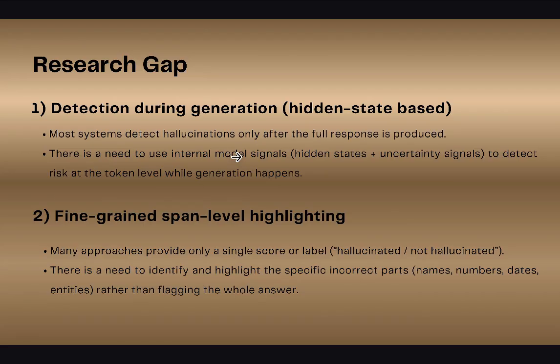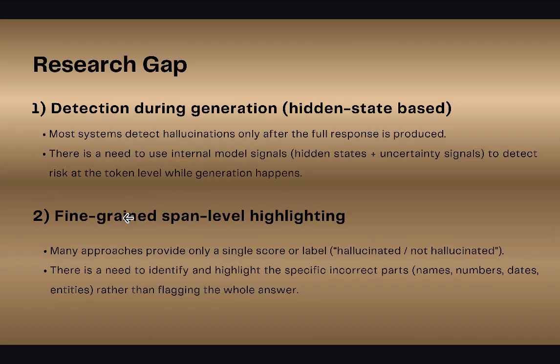To do that, I use internal model signals like hidden states and uncertainty signals, so risk can be estimated at the token level while the model is producing the answer. That is my first research gap.